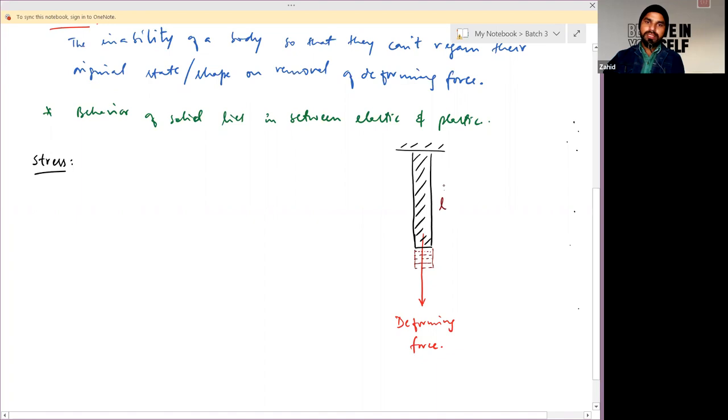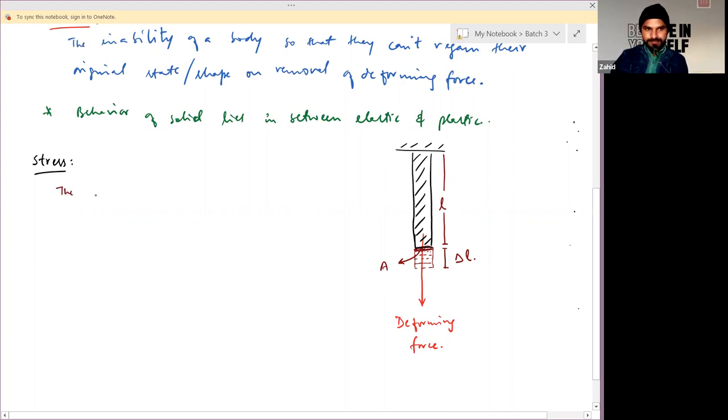So actual length of rod is L from this point to this point, and deformation is from this point to this point. Area of cross section of rod is A. So first, stress is the amount of deforming force applied on a particular solid per unit area.